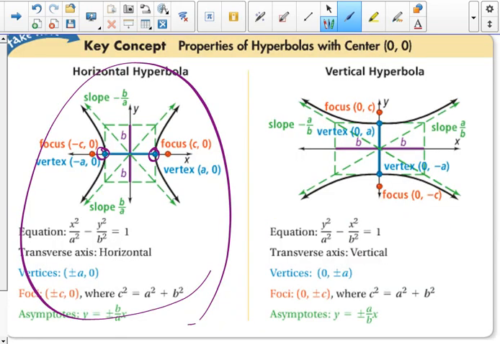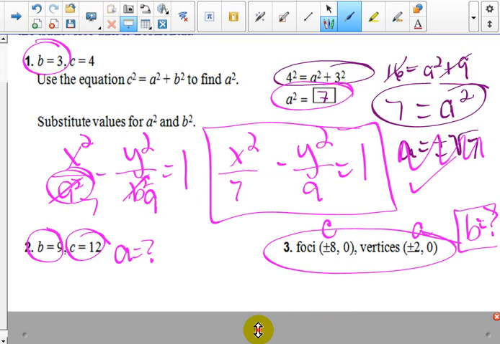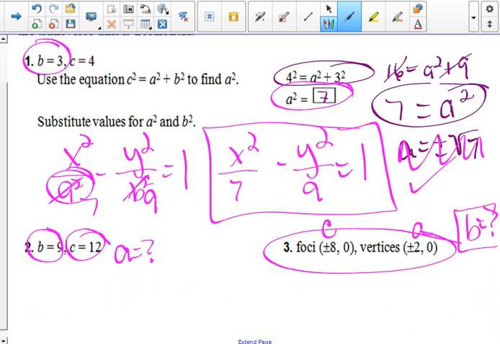So foci are the C and vertices are A. So our unknown here is our B. Okay, so you'll solve just like we did and then plug those in. Okay, so that's your first little problem set for tonight.